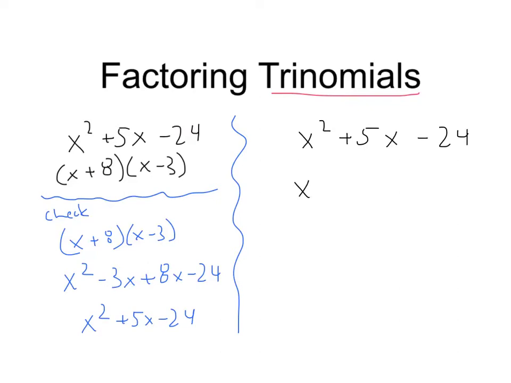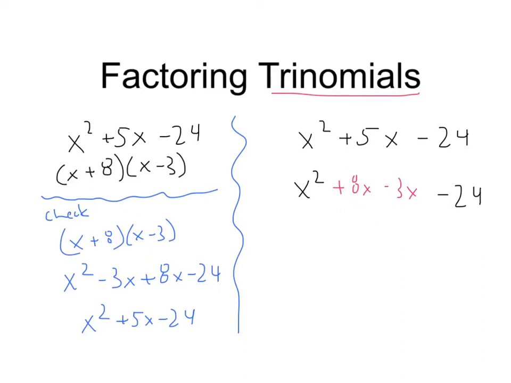The first term stays the same. The third term stays the same. But we rewrite the middle term. Instead of writing 5x, I'm going to write plus 8x minus 3x. I'll talk about where those come from a little later.